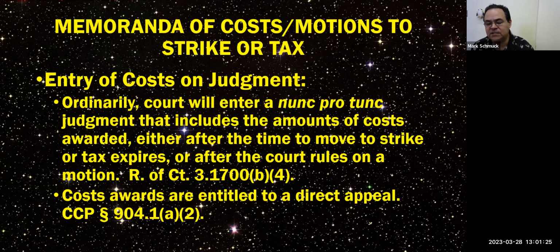If the court doesn't do this on its own, if you are the prevailing party, it is entirely appropriate to come in on an ex parte application for entry of a nunc-pro-tunc judgment, so that the amounts of the costs can be included in the judgment that you can then take to execute later.